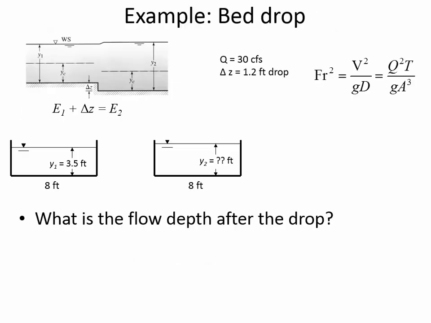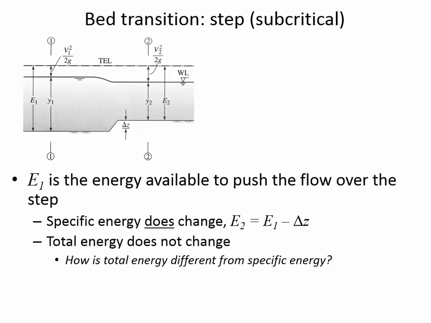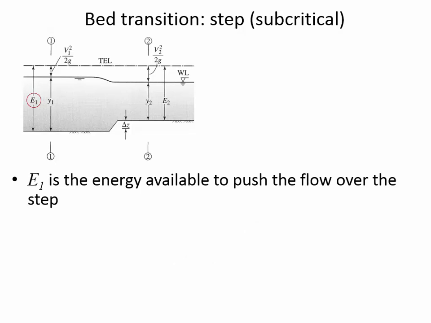So one of the ways that, right here, when I said E1 is the energy available to push the water, the flow, over the step, if you've got a really big delta Z, you may not have enough energy at 1 to get it over that obstacle. So we'll talk about in a minute what happens when you don't have enough energy to get over the obstacle. We will get to that. It's a really interesting thing that the water does.